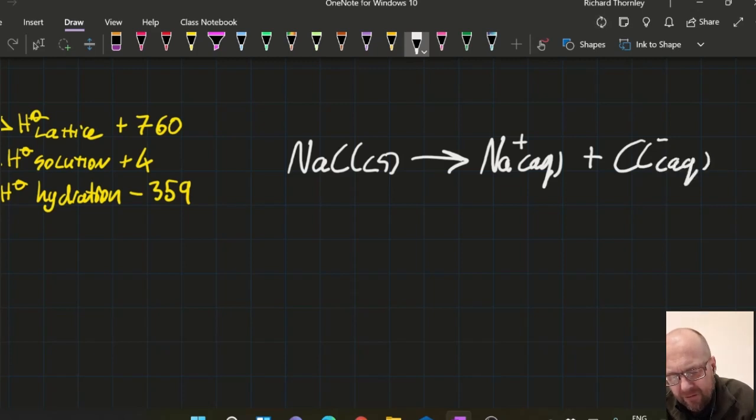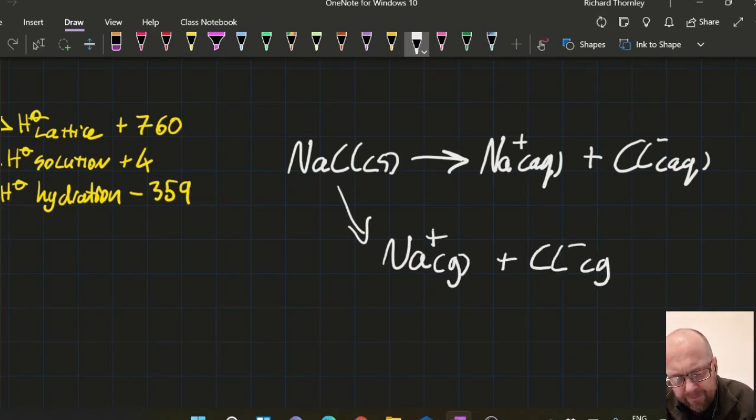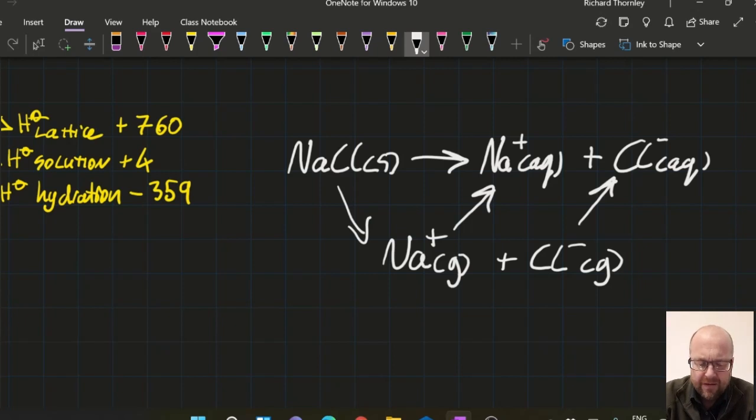And then you can do the whole lattice energy thing, which is making it to gaseous ions spaced infinitely apart. That turns to that, that turns to that. So the clockwise arrows equal the anti-clockwise arrows, but then you've got to know where to put those numbers.